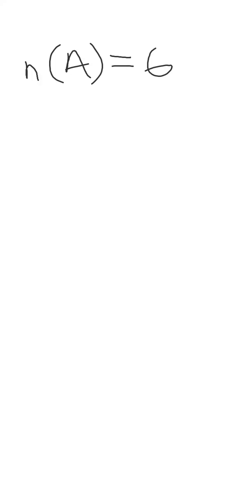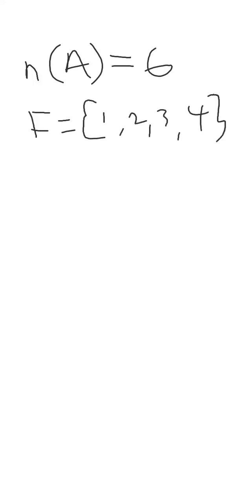Now, let's talk about supersets. Let me assume that we have set F, which is 1, 2, 3, 4. This is a set. Every set is written with a capital letter, while if you are using letters, the elements of the set are written with small letters.